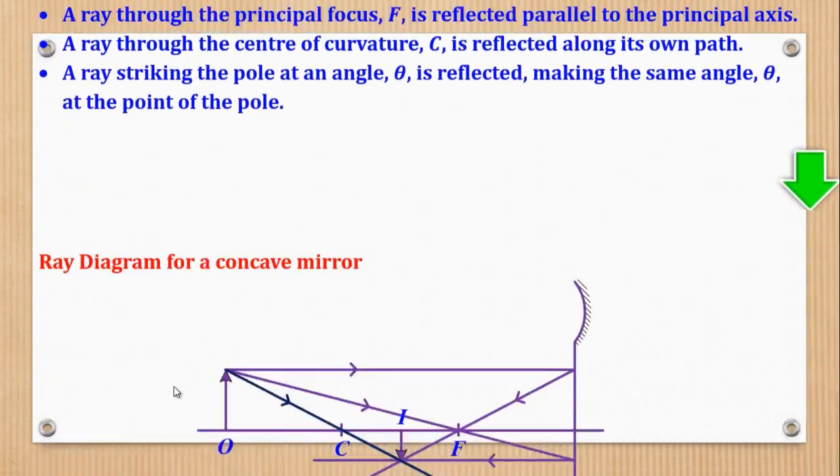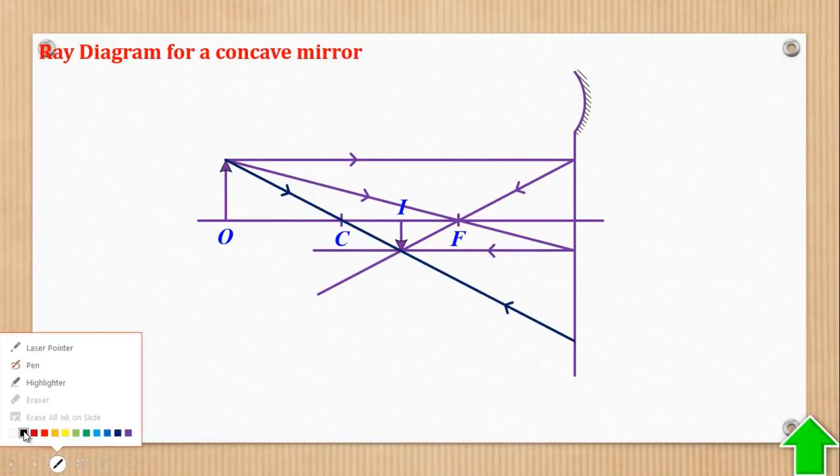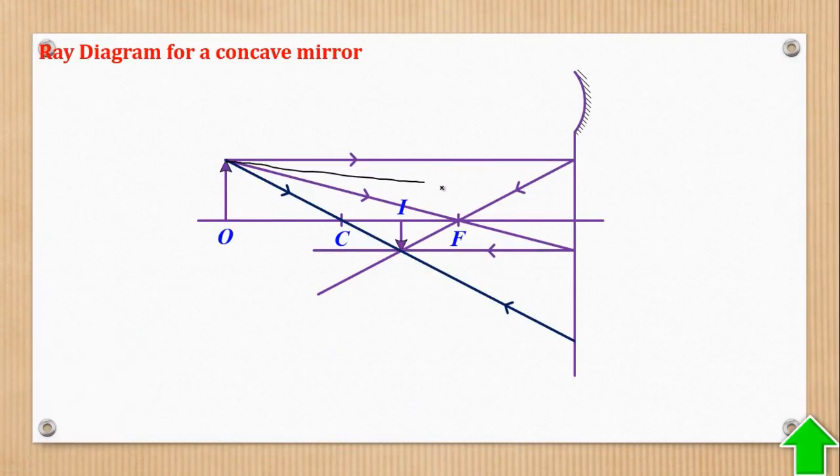So it means that from here, if it comes and meets the pole here, you'll measure this angle such that even after reflection, the angle must be the same as before. And that comes from the laws of reflection: angle of incidence is equal to the angle of reflection. So we draw our ray to meet the pole at an angle theta to the horizontal, then it is reflected at the same angle, which is theta.